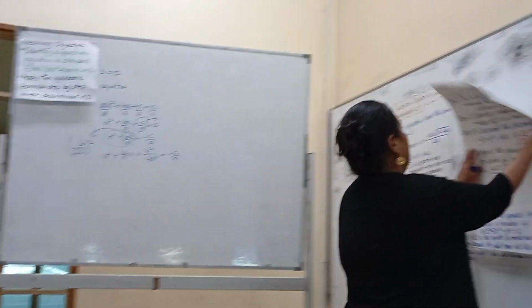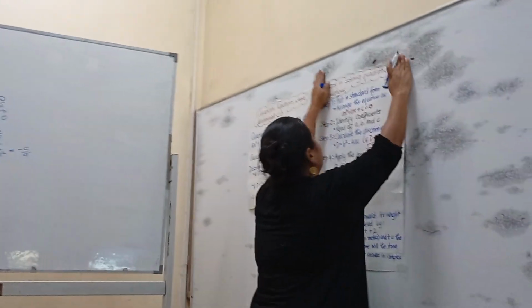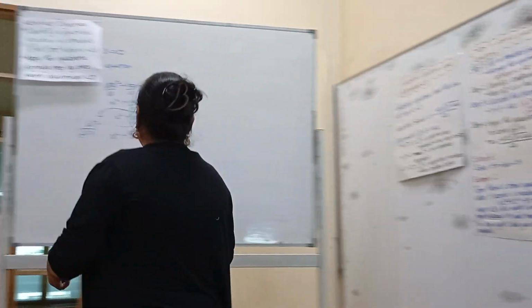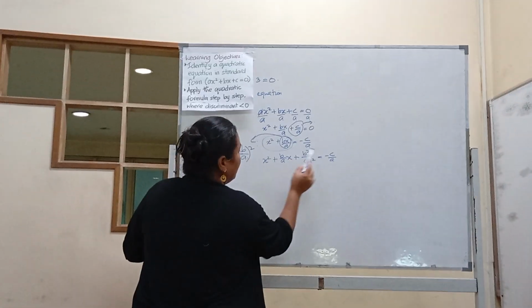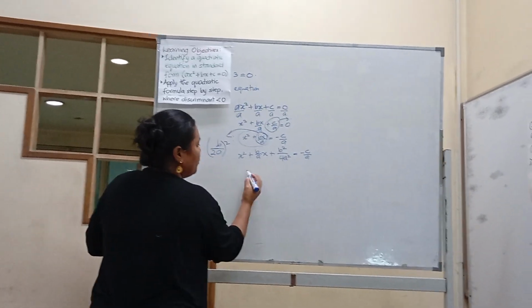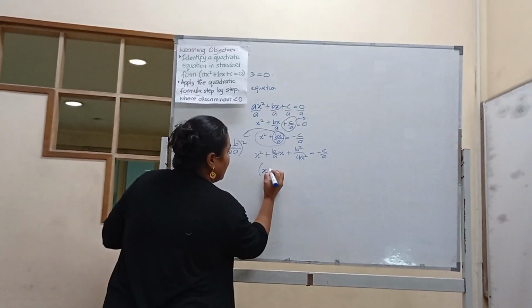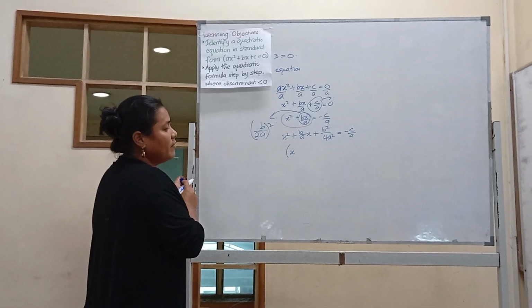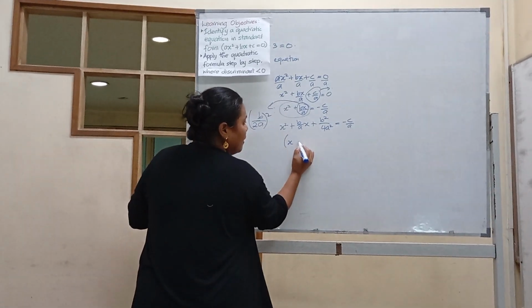And right now we can have a perfect square. Can anyone guess what our next term is?